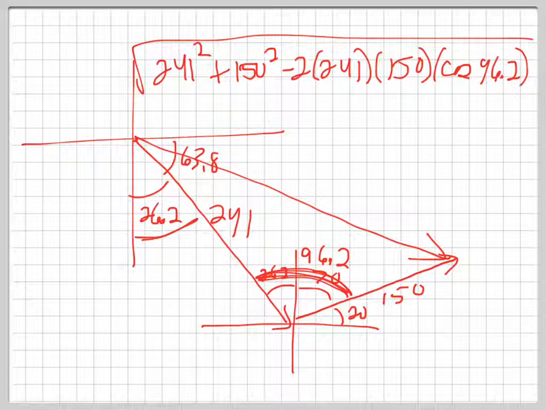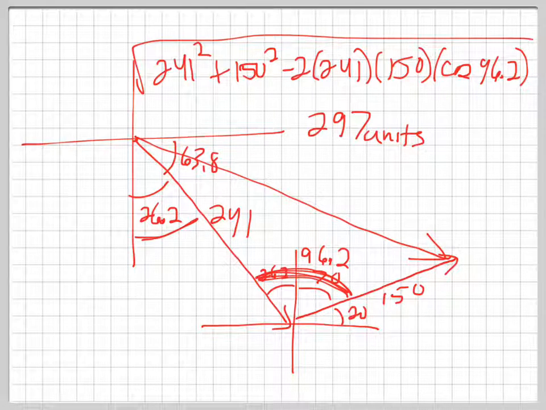So we'll do that. 241 squared plus 150 squared minus 2 times 241 times 150 times cosine of 96.2, square root, and I get a final velocity or final speed of 297. These are just units. I don't know what they are. Units. Okay, and I got to figure out where it is.